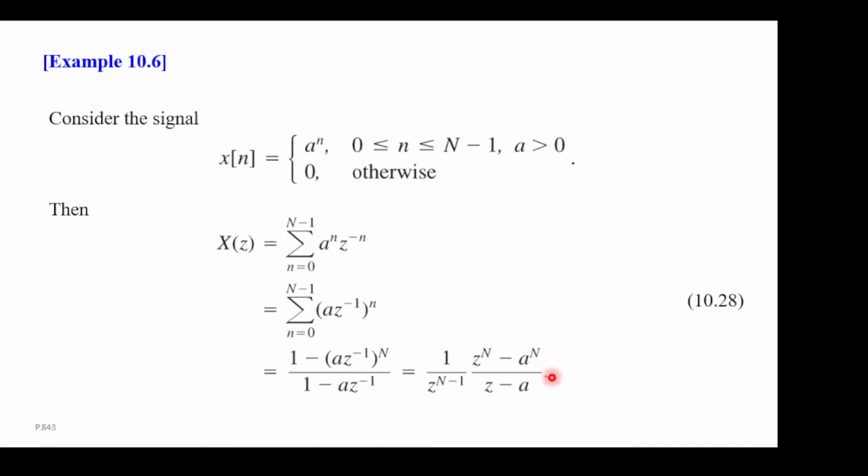Then you turn this back into a rational function of z because we want to put the poles and zeros in terms of z. So you multiply by z minus 1, and let's see this a little carefully. There is the N-th power of z minus 1, so you multiply both upper and lower by z to the N. So you get z to the N here, and then this one can cancel out, so you are left with a to the N.